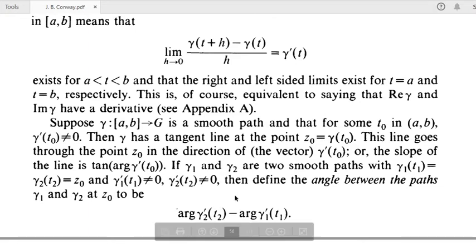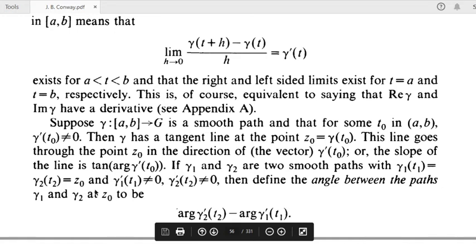Next we deal with how to define an angle between two paths, especially smooth paths. If gamma 1 and gamma 2 are two smooth paths intersecting at some point z0, then z0 is a point on both gamma 1 and gamma 2. Taking the parameters t1 and t2 for gamma 1 and gamma 2 respectively, gamma 1 of t1 is equal to gamma 2 of t2, which is equal to z0.